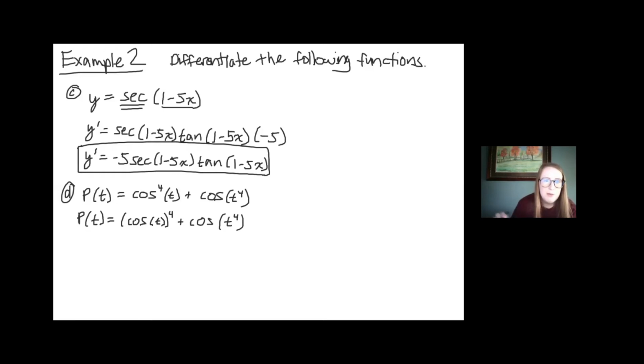Okay, so we have a couple different chain rules going on in this function. We're going to have to use the chain rule twice, actually. So when we take the derivative of this function, just looking at this first part, the outside function is this raised to the fourth power, and the inside function is cosine.